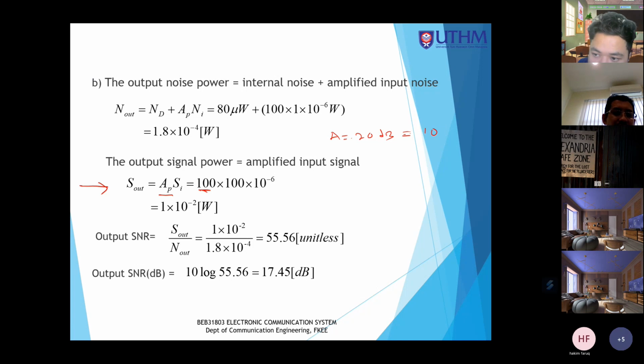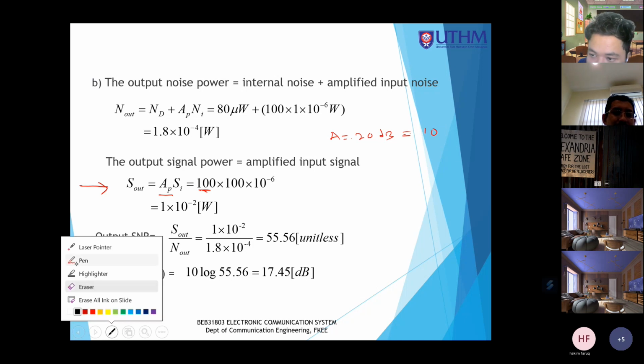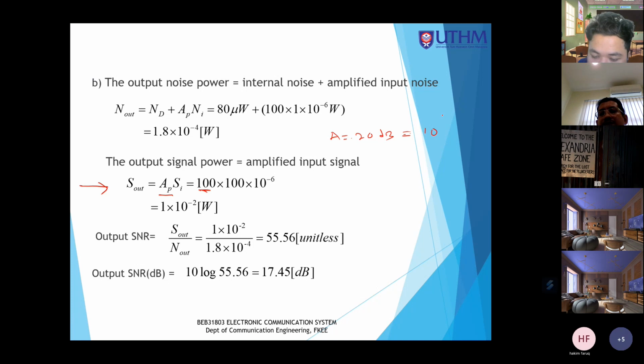So saya kena bahagikan dengan 10 dulu, barulah saya buat anti-log. Okay, so 10 power of 2, so this is 100. Itu sebabnya di sini adalah gain multiplied with the input signal power. So we get the output signal power.